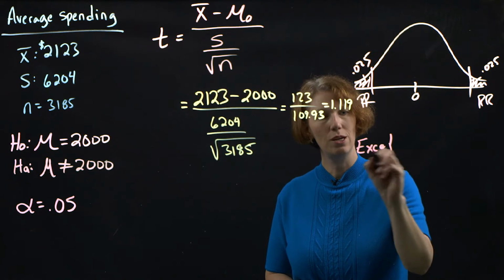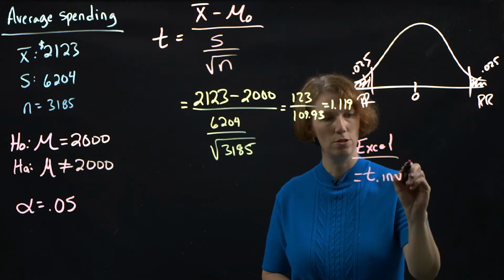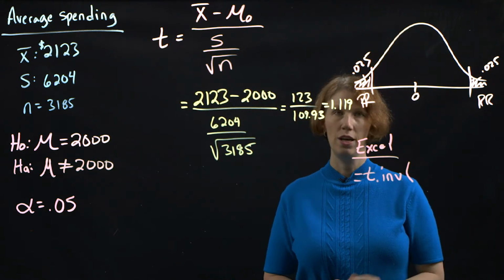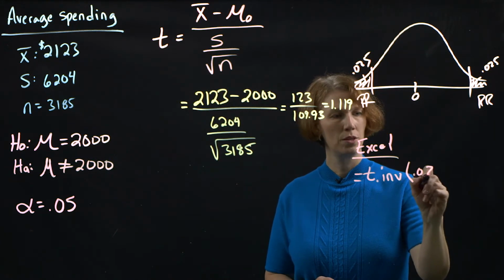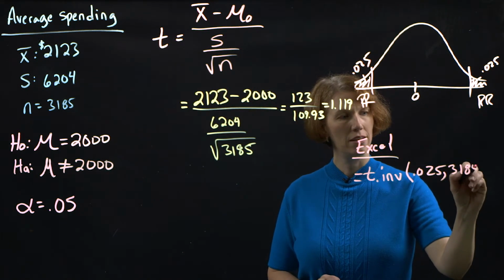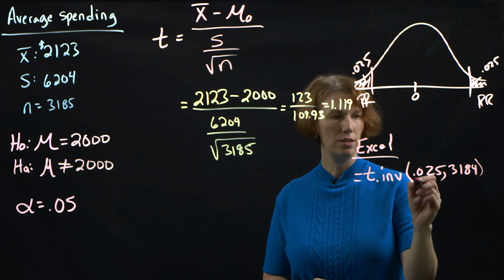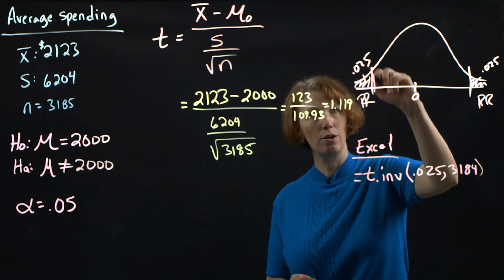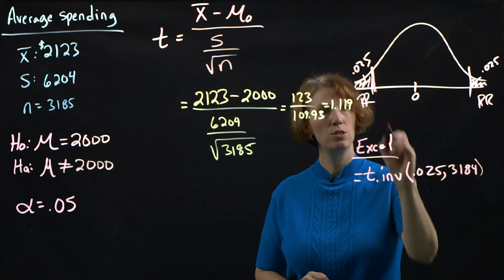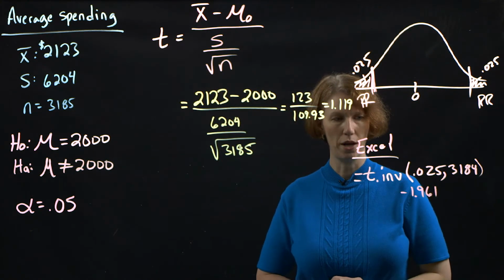And specifically, we can use the T.INV function, where we will enter the probability and the degrees of freedom. And Excel will return to us the critical value. In this case, this particular value is going to be equal to minus 1.961.